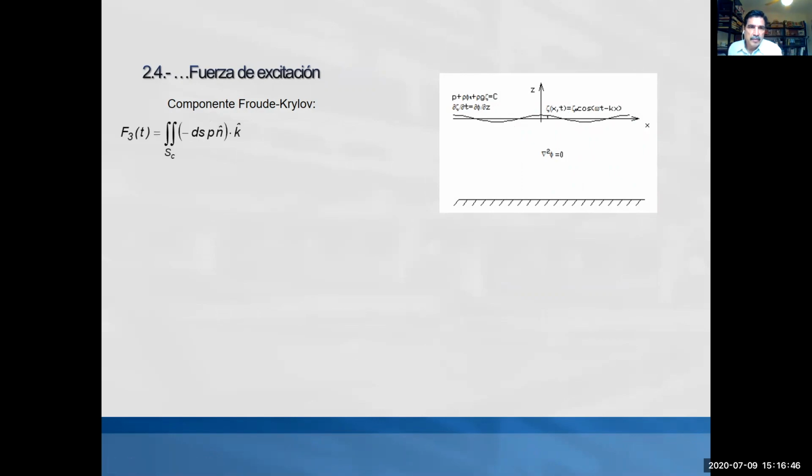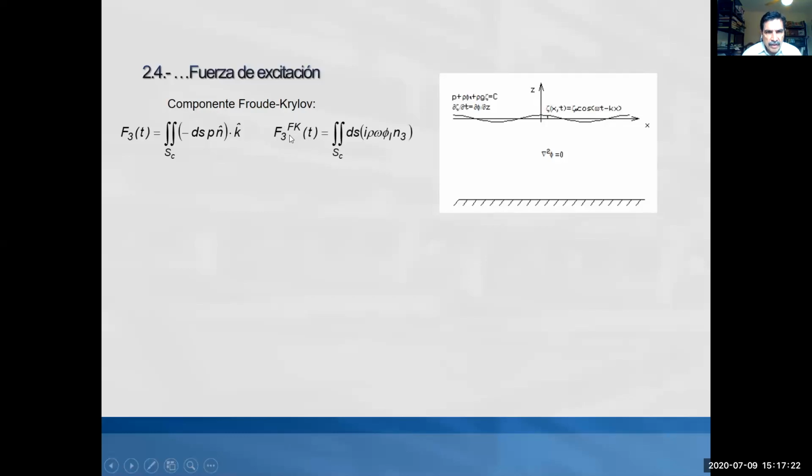So this is the general expression for the pressure, ds times p, that's differential of force, and n is the normal pointing outwards from the hull. So this n gives you the direction of this force. Since it is acting outwards, we need the force on the ship. That's why we need this negative sign here. If we did the component in a vertical direction, we have to get the dot product with the k vector.